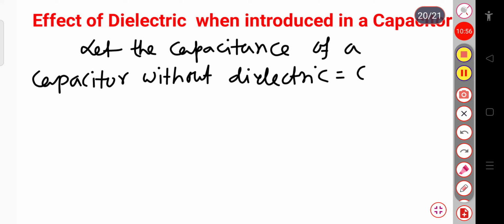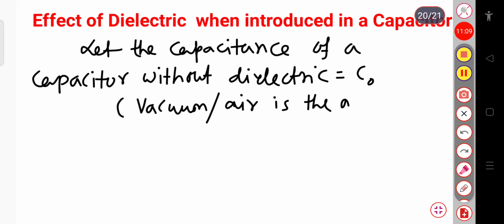Without dielectric means the medium is vacuum or air. Vacuum or air is the medium. So in that case the capacitance is suppose C naught.